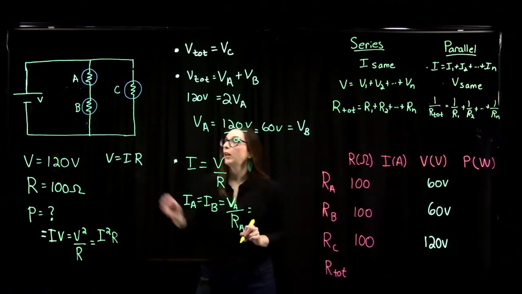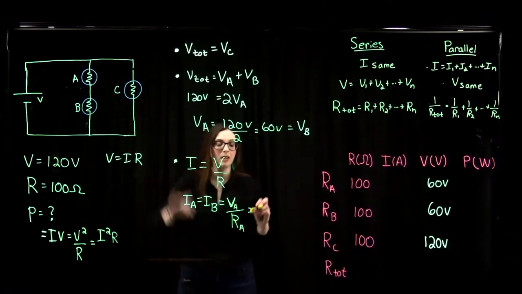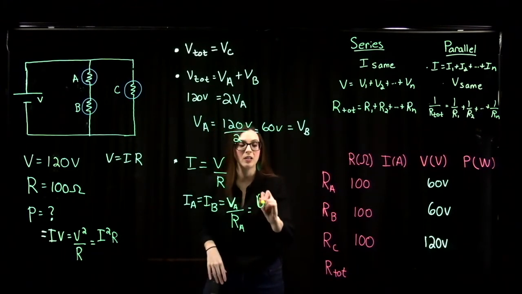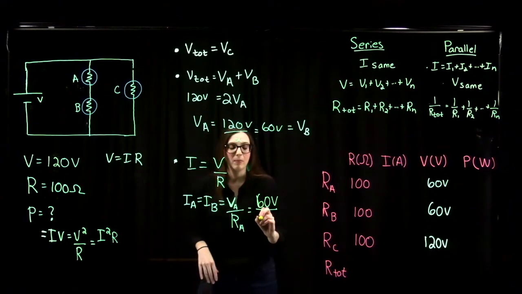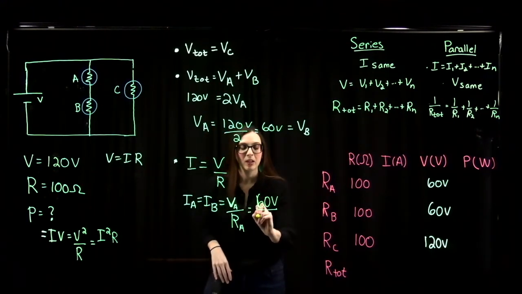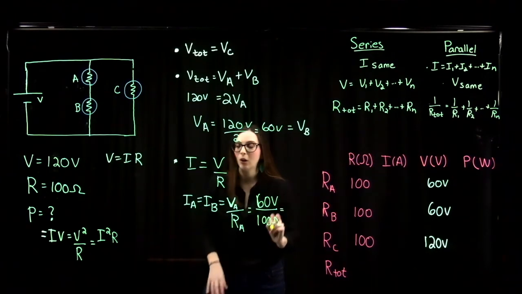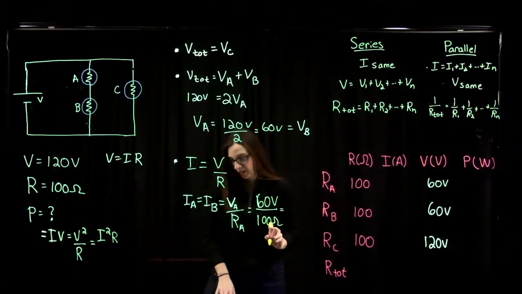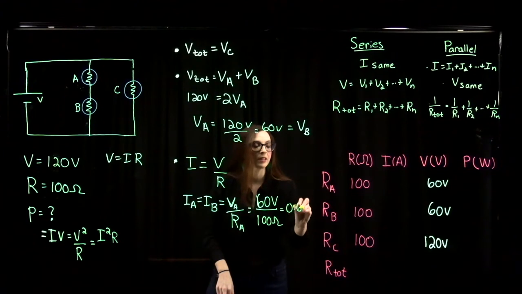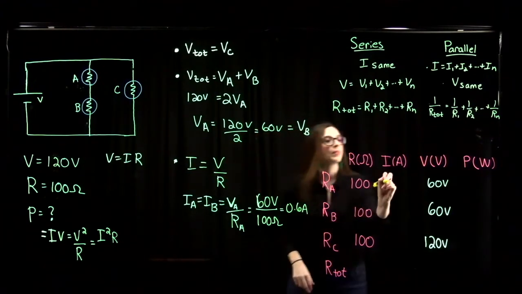So the current running through A and B would be our 60 volts of potential divided by their resistance. Each one of them has an individual resistance of 100 ohms. So the current through both A and B is 0.6 amperes.